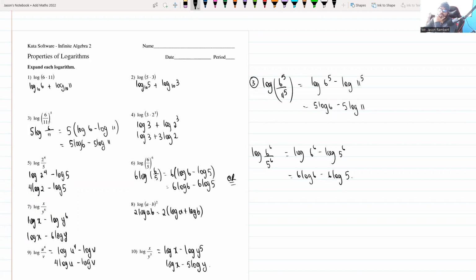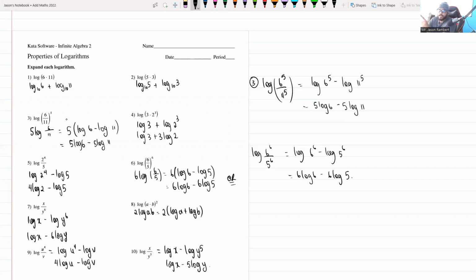One way I can do number 3 is by using law 5 and bringing the 5 in front. Or I can use my laws of indices and distribute the 5 on the 6 and the 5 on the 11. So the first way I did it, I brought the 5 in front, 5 log of 6 on 11, and then I used my logs law and I expanded 6 over 11 as log of 6 minus log of 11.